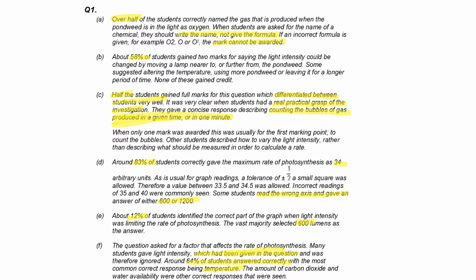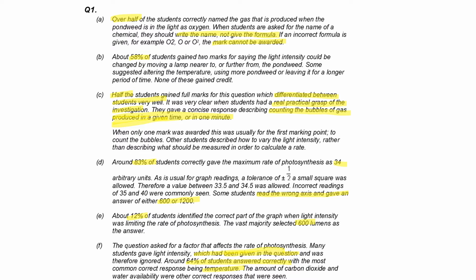If an incorrect formula is given, for example, O with a big 2, the letter O on its own, or O with a superscript 2, the mark cannot be awarded. So you're giving yourself more chance to make an error. If they say name, write the name in English, not a chemical symbol. If they ask for the formula or the symbol, then you do what they've asked.